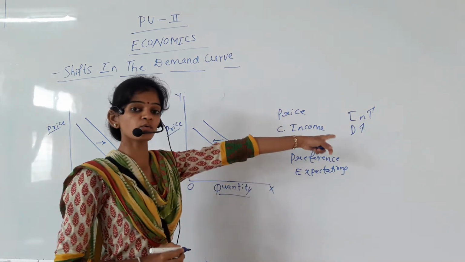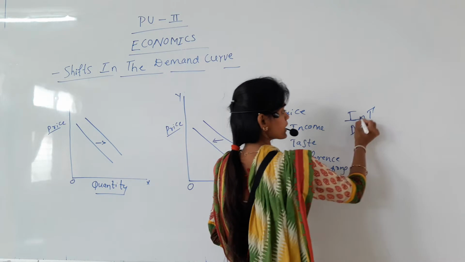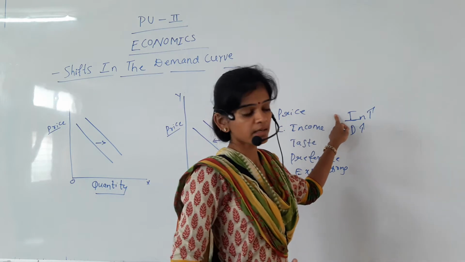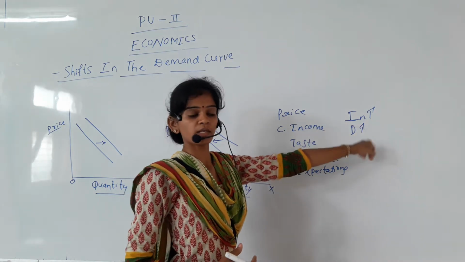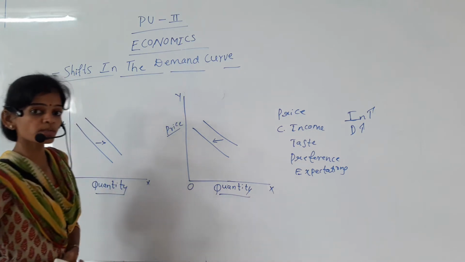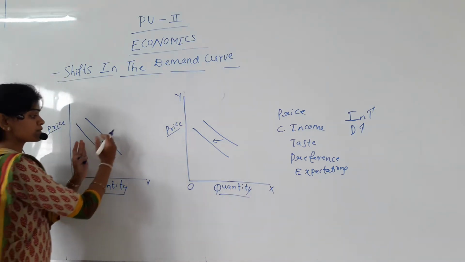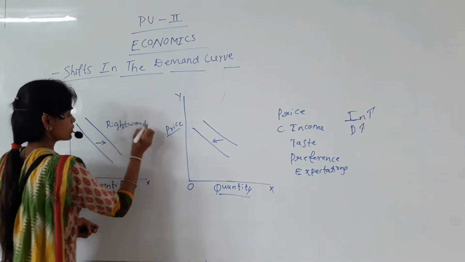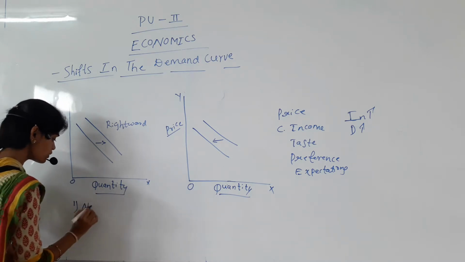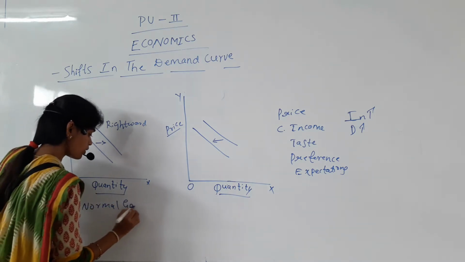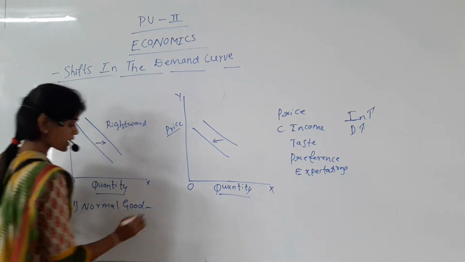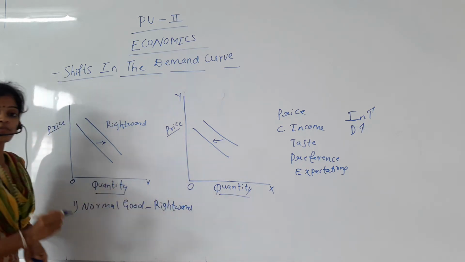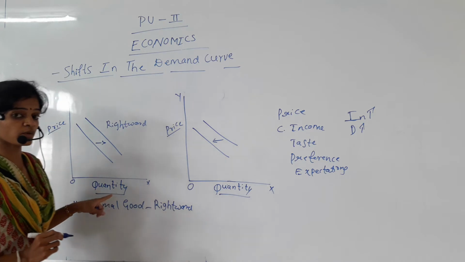When consumer's income increases, expenses also increase and purchasing power increases, so the demand for the good increases. In that case, for normal goods, the demand curve shifts rightward.